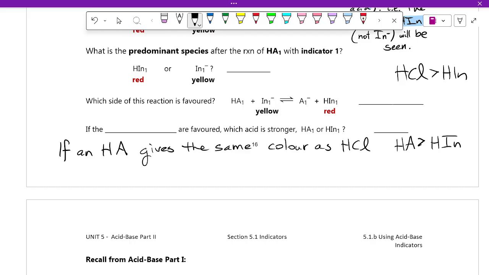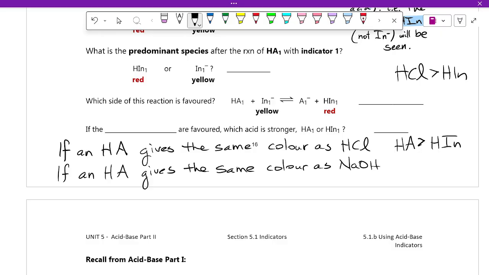Yeah? Okay. I feel like I'm just saying the same thing over and over again. Is it making sense? Yeah? Okay. Now, if one of the HAs, whichever one it is, gives the same color as NaOH, then what can you say about the strength of HA compared with HIn?